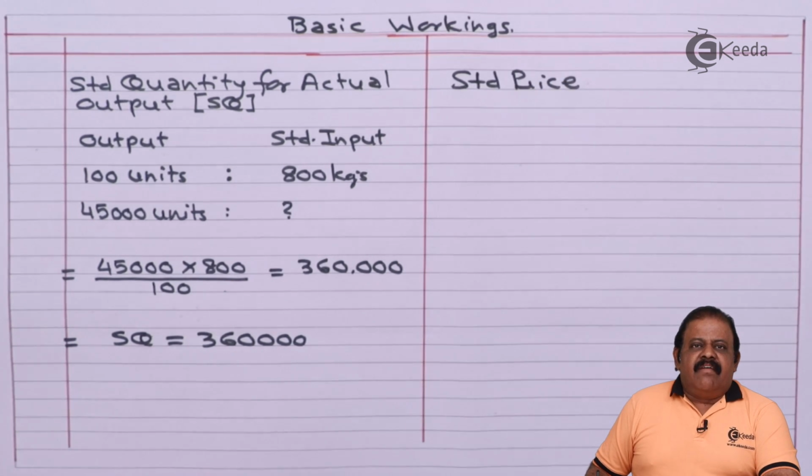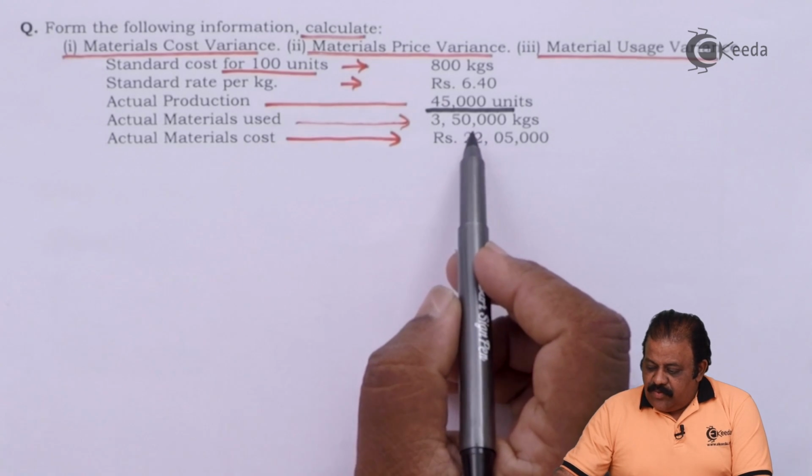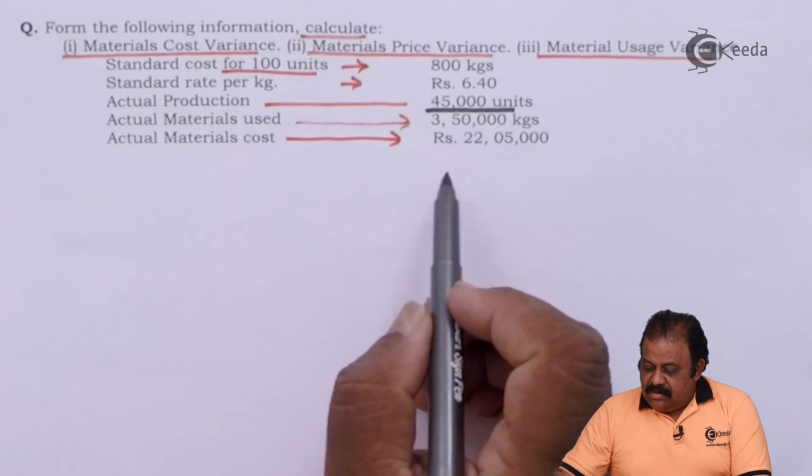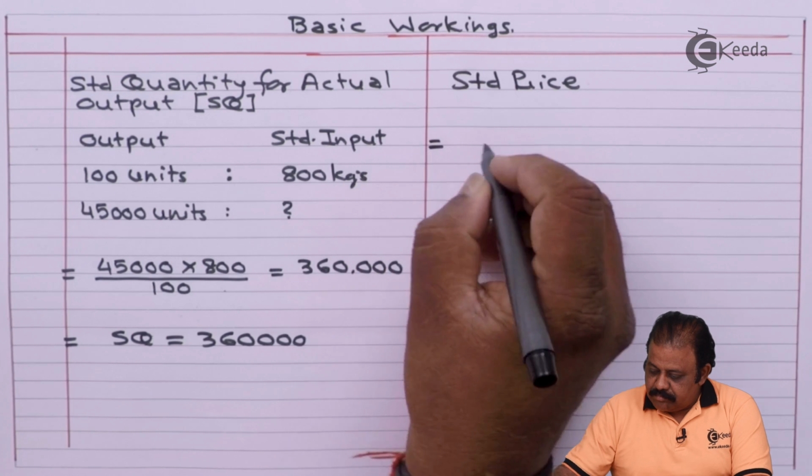Another working is required to calculate the actual price. Actual material cost for 3,50,000 kg is 22,05,000.